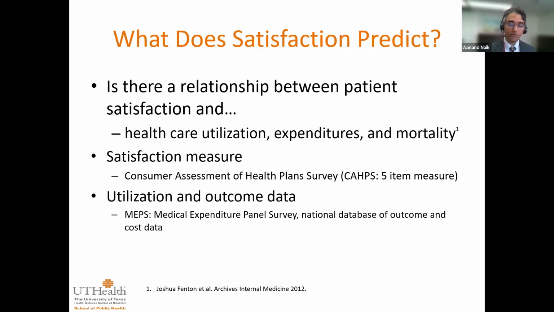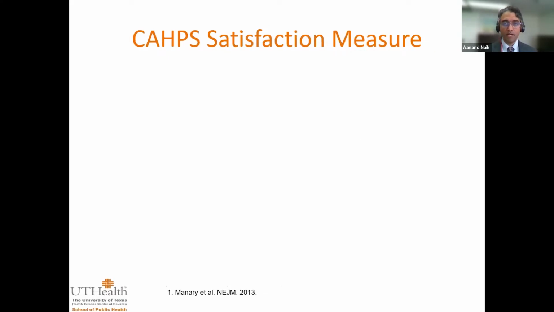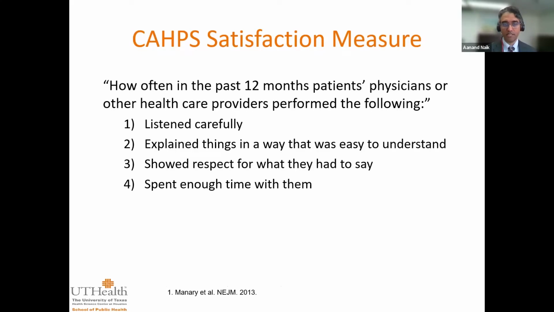So really one of the first, I think, high publicity, well-regarded studies in this area was one by Josh Fenton in Archives of Internal Medicine, that's now JAMA Internal Medicine, in 2012. And they really looked at the CAHPS satisfaction measure, this global measure. So this is the CAHPS measure. There's a stem asked, how often in the past 12 months did the patient's physician or other healthcare providers perform the following?